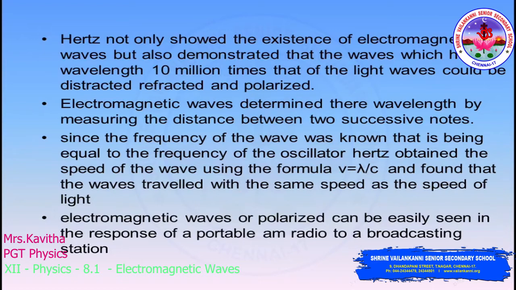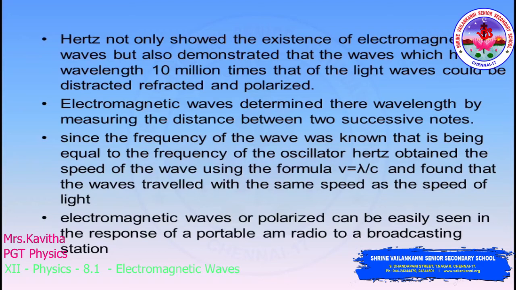See, the fact that electromagnetic waves are polarized can be easily seen in a portable AM radio tuned to broadcasting stations. If an AM radio has a telescopic antenna, it responds to the electric part of the signal, right?